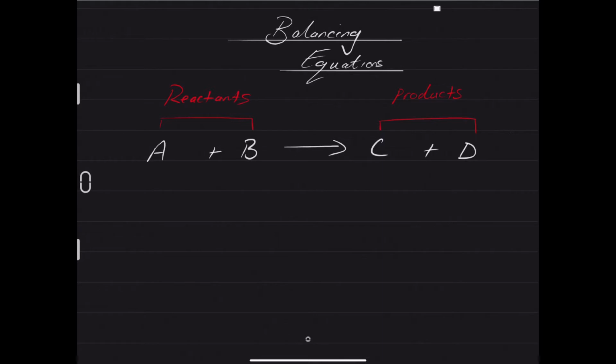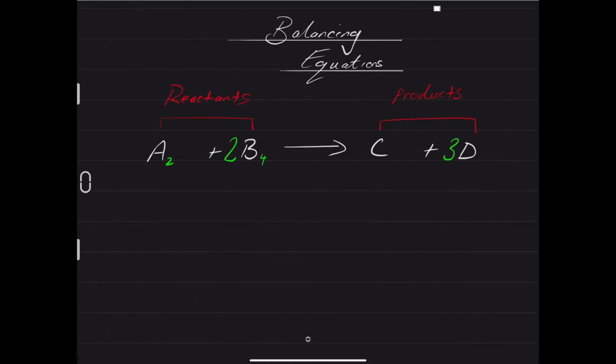So I'm just going to put a 2 here, and I'm going to put, let's say, a 3 here, and let's say we put a 4 and let's say a 2 here. Now this equation is not balanced, and we are not trying to balance this equation. At this stage, I just want you to know what the different components of a general chemical reaction or chemical equation look like and how we identify it.